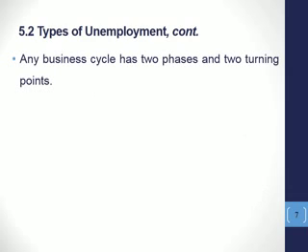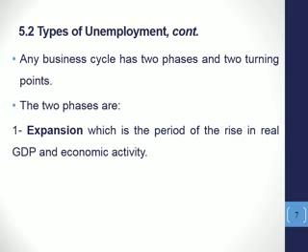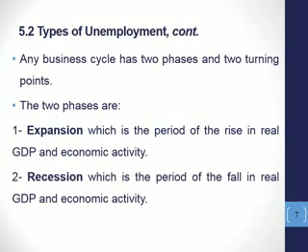So any business cycle has two phases or stages and two turning points. The two phases are expansion, which is the period of the rise in real GDP and economic activity, and recession, which is the period of the fall in real GDP and economic activity.